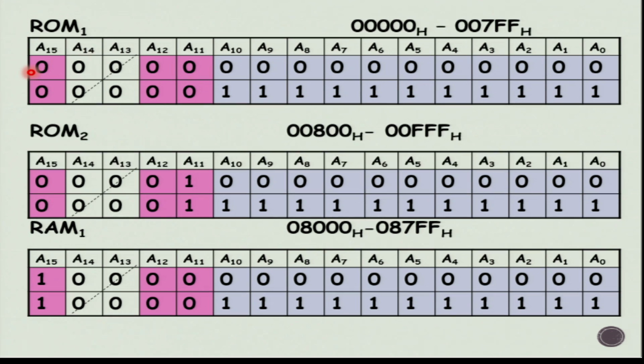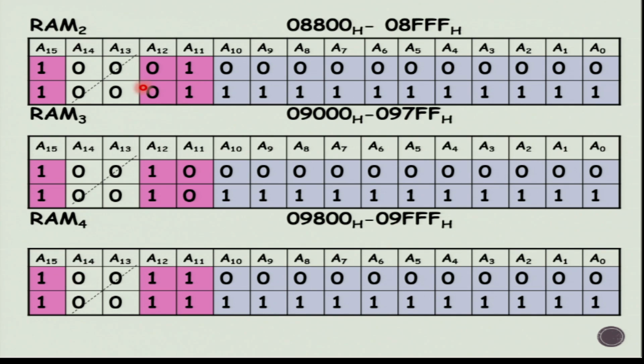If you look at the memory mapping, again what you will notice is in the binary format, A13 and A14 are going to be 0 for ROM 1, they are 0 for ROM 2, they are 0 for RAM 1, they are also going to be 0 for RAM 2, RAM 3 and RAM 4. So we cannot definitely use A13 and A14. That leaves us with address lines A11, A12 and A15.